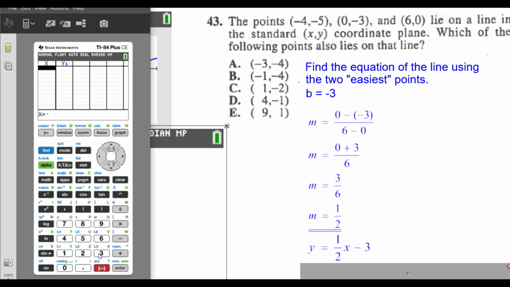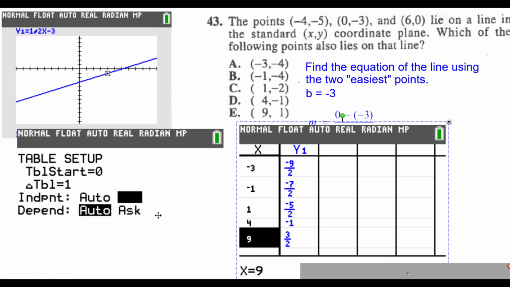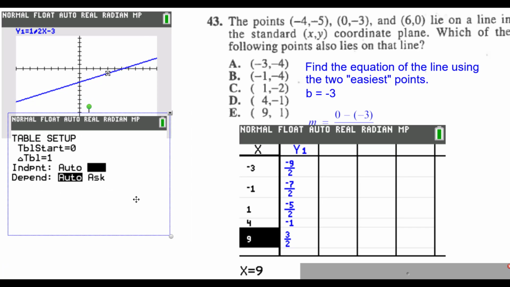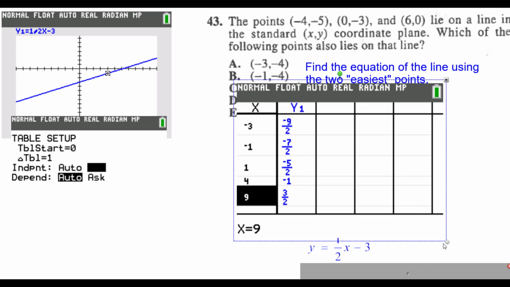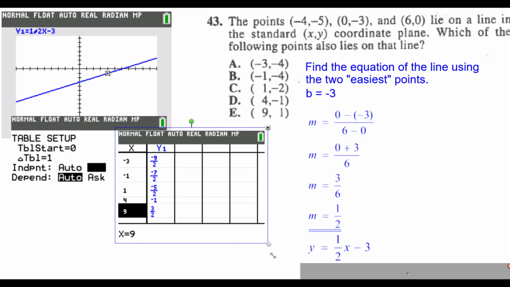So I'll type in -3, not -4, -1, not -4, 1, 4. Bingo. There's our answer. I'll even try 9 and show that 9 does not work. So here's another way of doing that, either using the graphing calculator to trace onto a line or use the table ask mode. One of my favorite things to do when I need to use it.